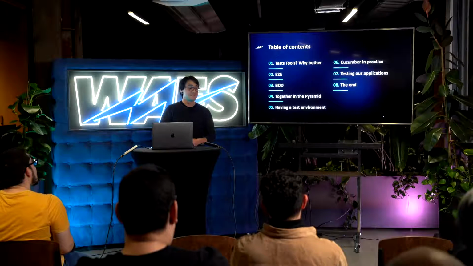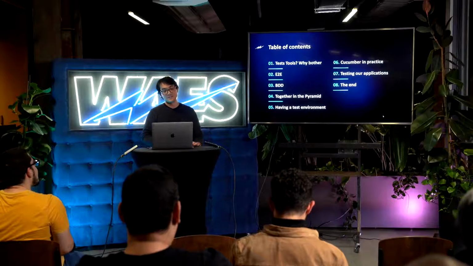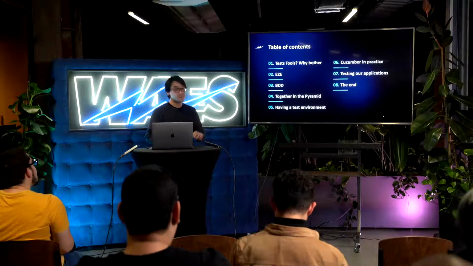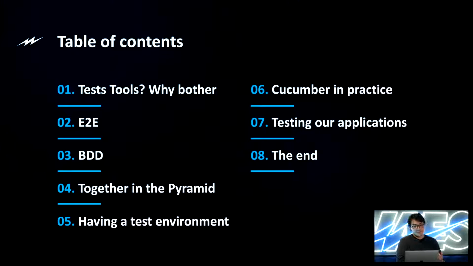So for now, let's take a look at our table of contents. First of all, I want to speak a little bit about test tools and why we should bother about them. A little bit of introduction to end-to-end tests, introduction to BDD. We're going to check them together in the pyramid of tests. And then we're going to have a small discussion about having a test environment that will fit your end-to-end tests in your Cucumber.